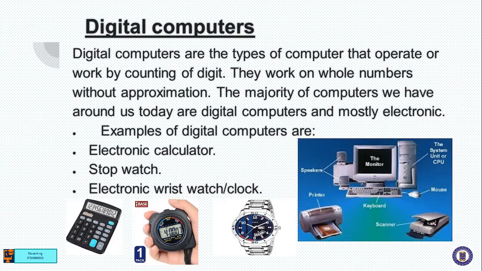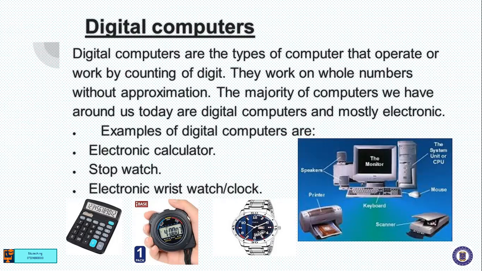And we also have the stopwatch. You can see the stopwatch, all in digit. The stopwatch can also be used in sport activity. We can also see the electronic wristwatch. You can see the electronic wristwatch by my right, all in digit.